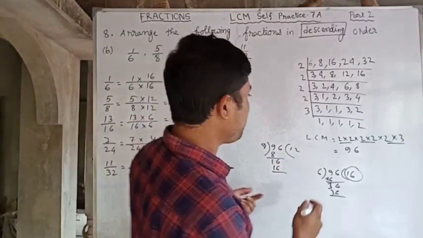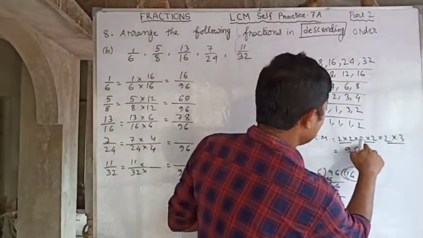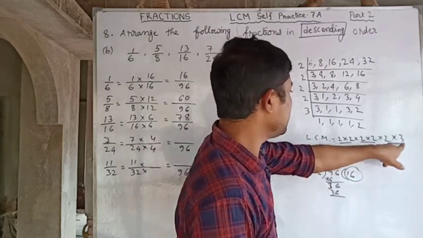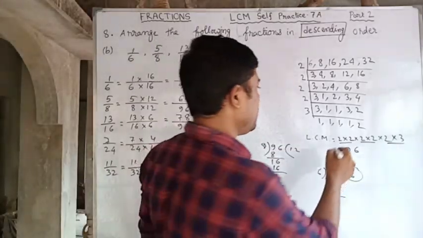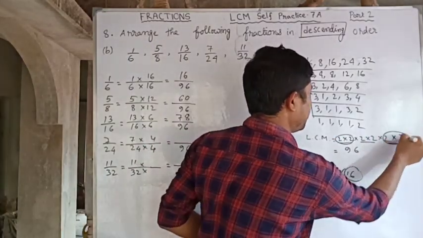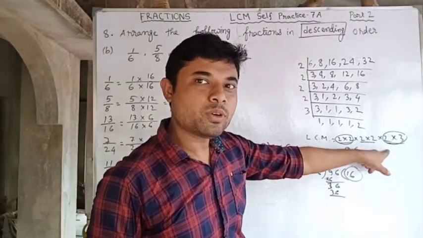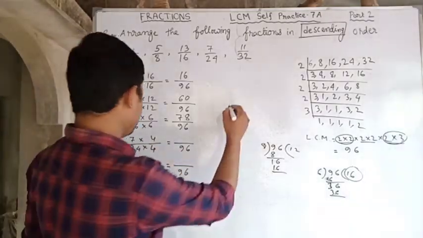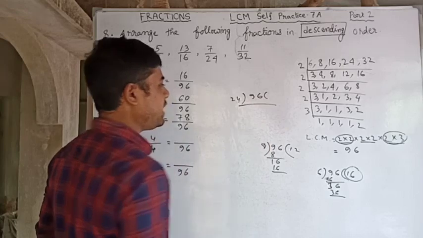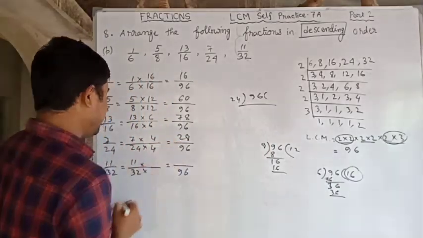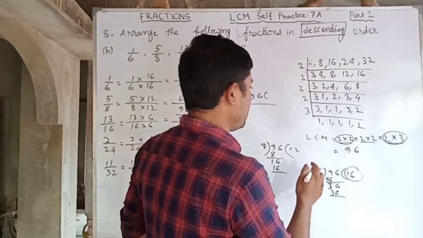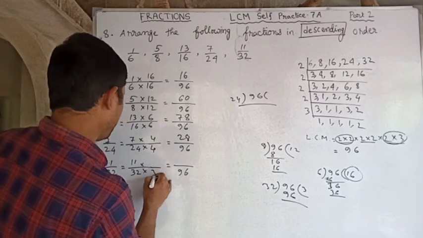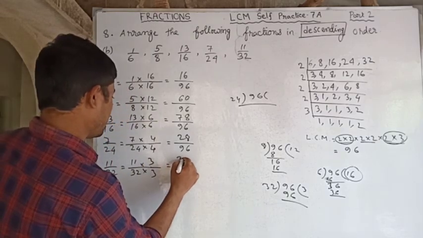Take 4 and 6, that is 24, so what is left? 4. That means you multiply by 4. You can check this way or you can just do the division. Here 28, here 32. If you divide 96 by 32, it will obviously be 3. So 3 and it will be 33.